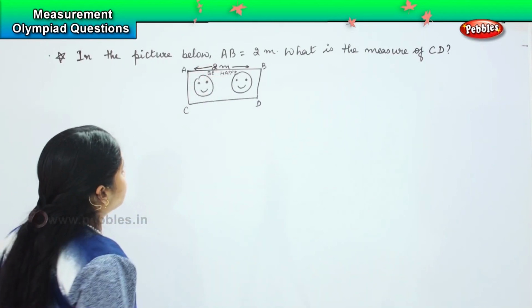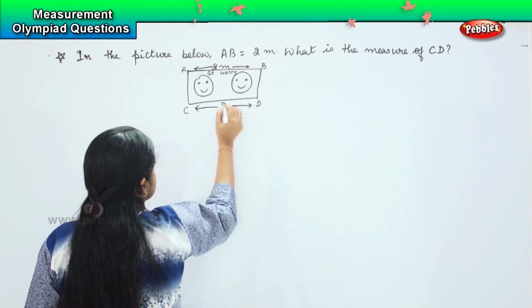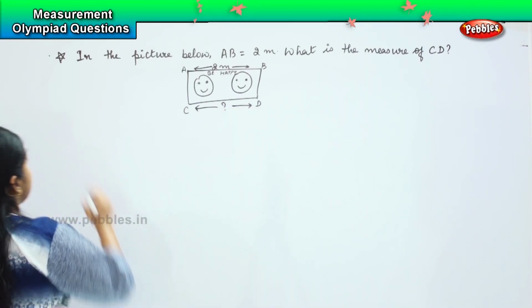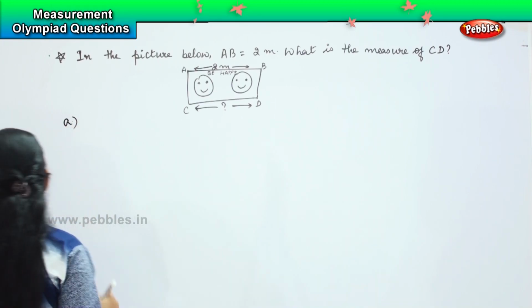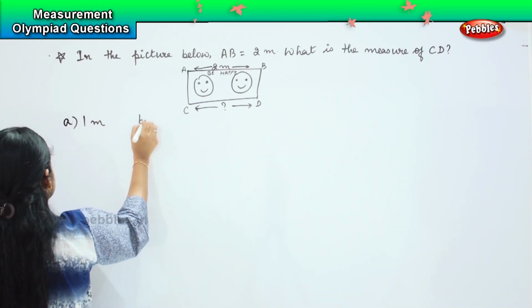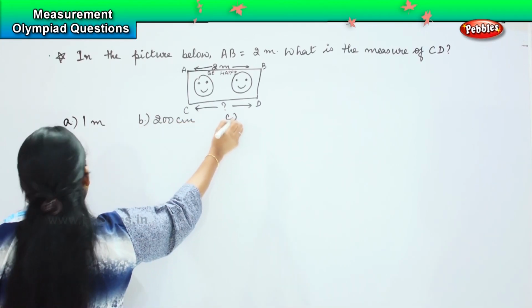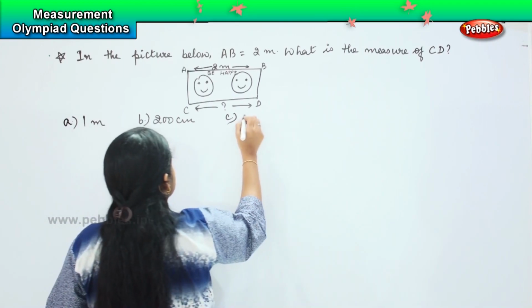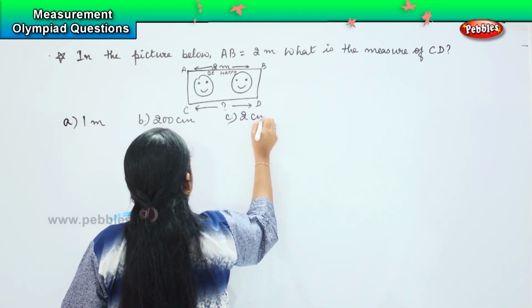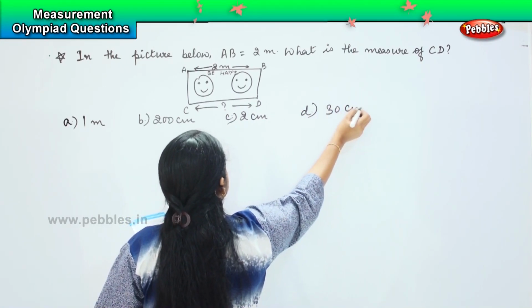You need to find out the length of CD. The options given are option A 1 meter, option B 200 centimeter, option C 2 centimeter, option D 30 centimeter.